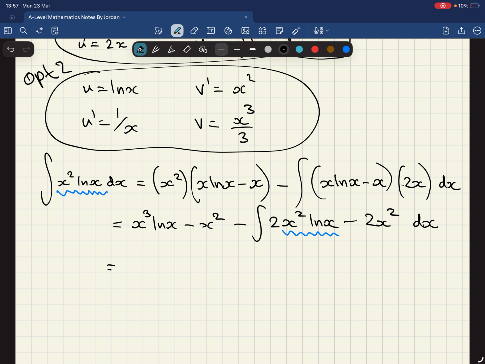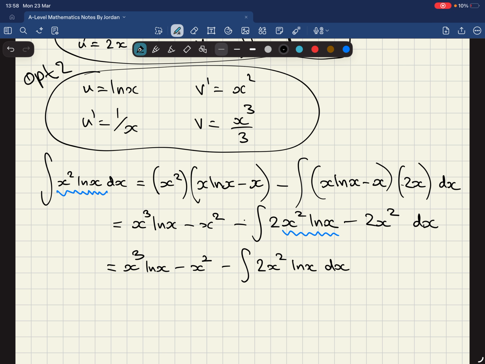So, simplify. X cubed ln x minus x squared. Then I'm just going to pull that 2 out. Oh, tell you what I'll do first actually. What I'll do first is I'm going to split this into 2 integrals. So that'll be minus the integral of 2x squared ln x dx.